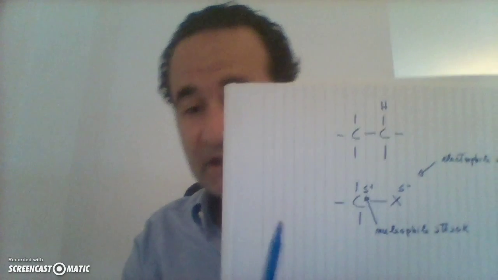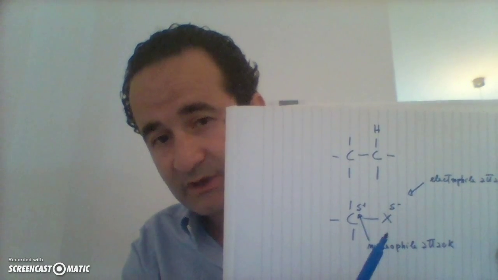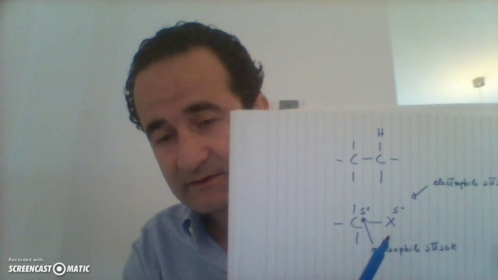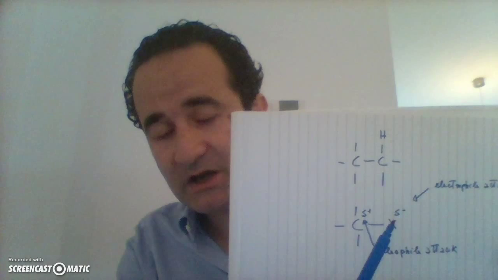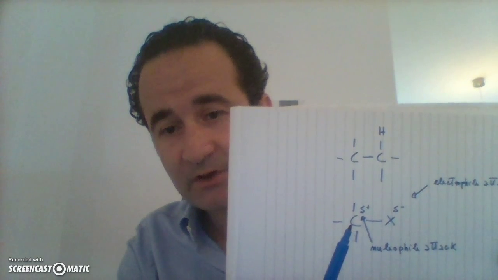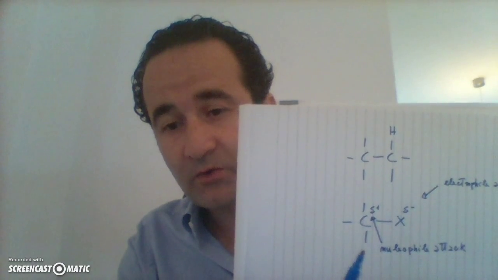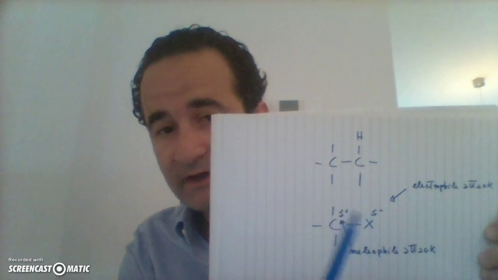Which is not the case, for example, if we substitute one of the hydrogen atoms with a halogen, X in the example. In this case, we will have a partial negative charge on the halogen and a partial positive charge on the carbon, which could undergo a nucleophilic attack, and the negative charge on the halogen atom could potentially undergo an electrophilic attack.